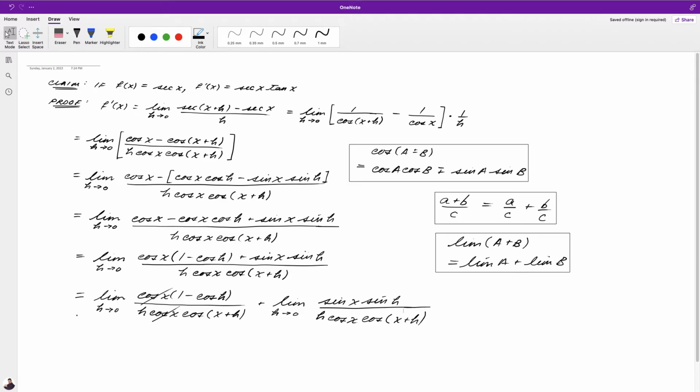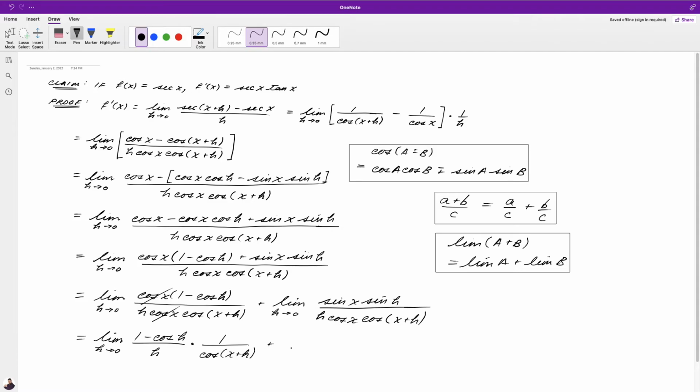And I can think about this as the limit as h trends to 0 of 1 minus cosine h over h times 1 over cosine of x plus h. I'll explain in a second why I'm expressing it this way, plus, again, sine x can come out because this limit is dependent on h.